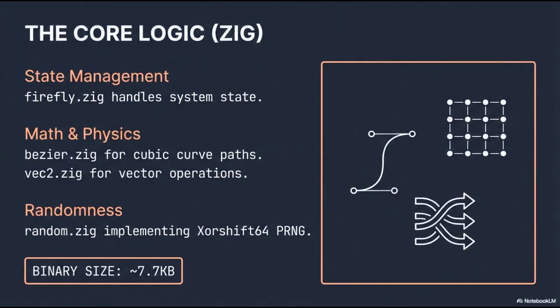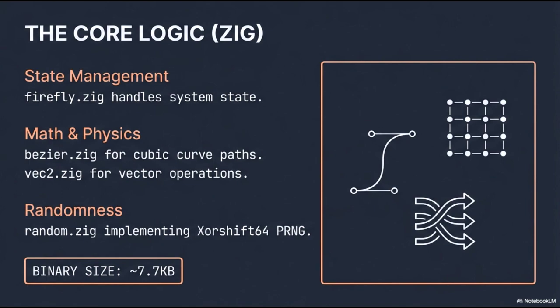The core logic of the system is implemented in Zig, prioritizing performance and efficiency. State management is handled by Firefly.zig, which serves as the central hub for the system's operational state. Our math and physics layer consists of two specialized files: Bezier.zig, used for defining cubic curve paths, and Vec2.zig, which provides fundamental vector operations.